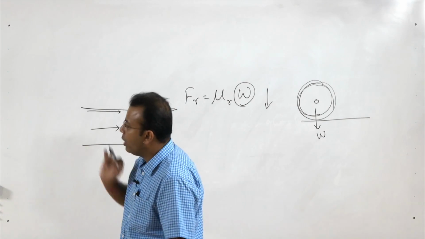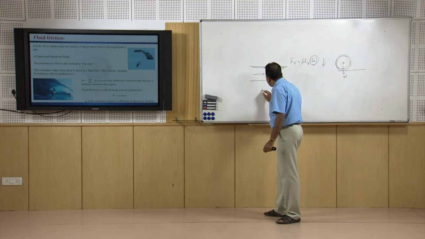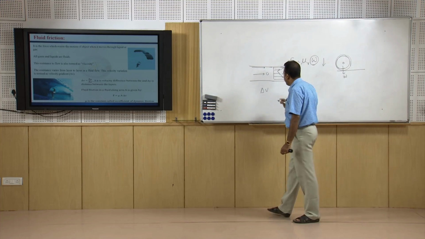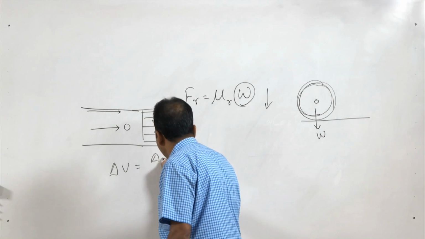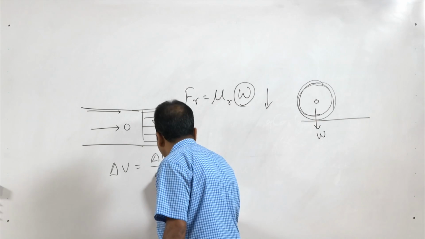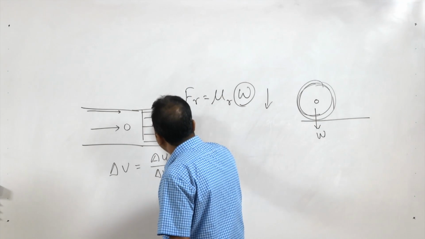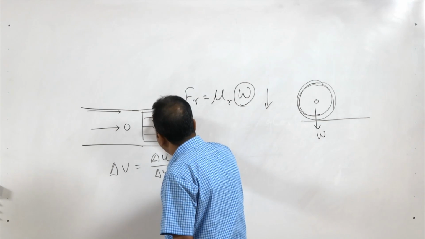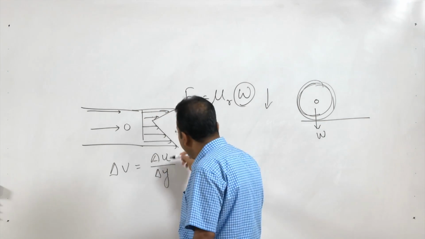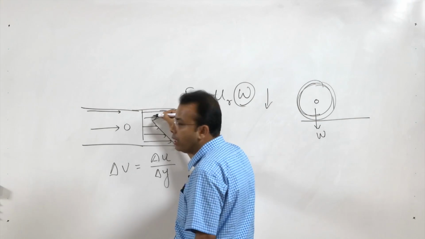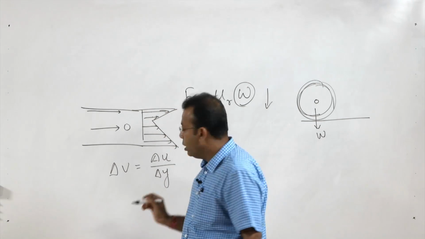So, in this particular case, when we are calculating the velocity gradient, del V is nothing but del U by del Y. Del U will be the velocity difference between the first layer and the second layer, and del Y will be the distance between the first layer and the second layer.